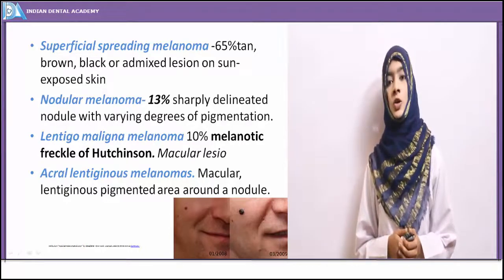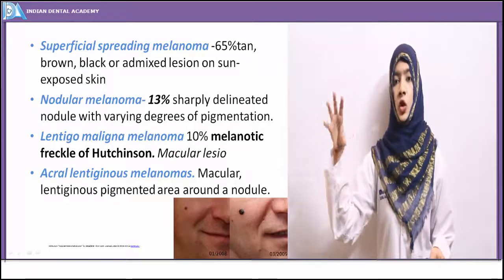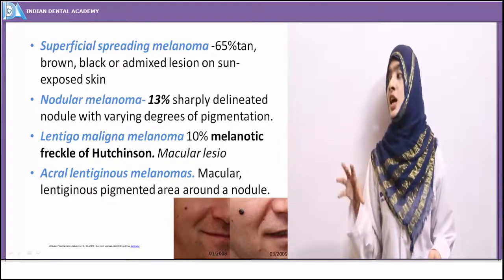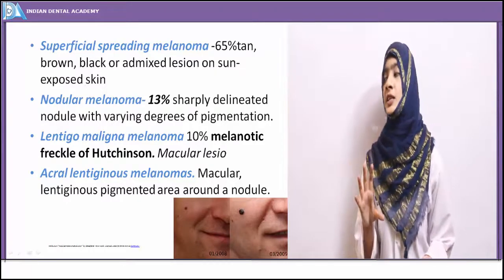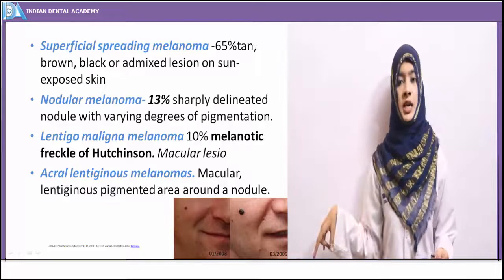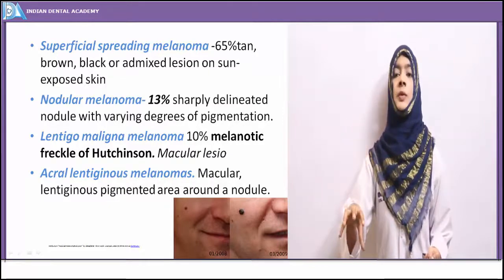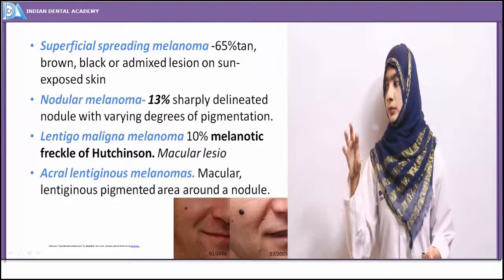Then the nodular melanoma, as the name indicates, presents as nodules raised from the skin surface. About 13% of cases of malignant melanoma show nodular appearance, and these nodules are sharply delineated from the surrounding mucosa, and sometimes appear dark brown or deep brown because of increased pigmentation.